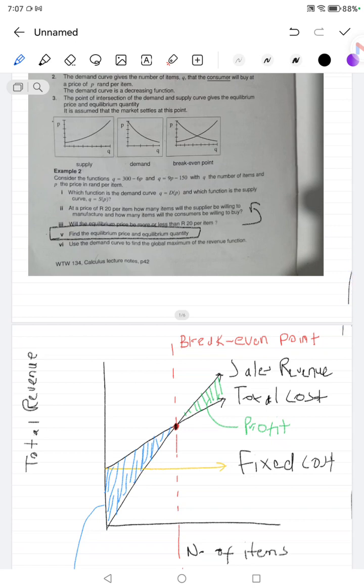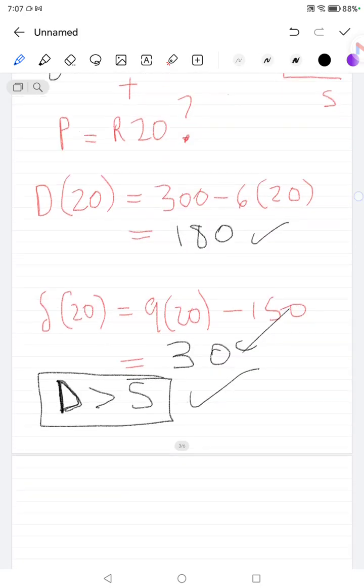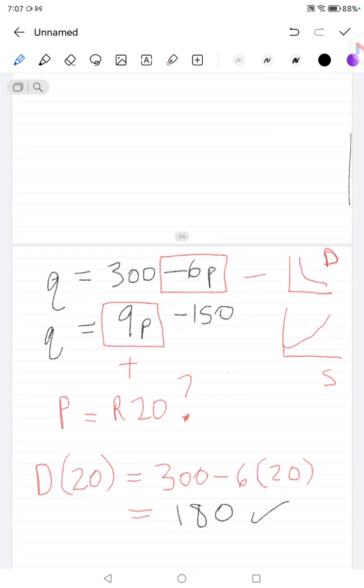So now they're saying find the... and you do remember what did they say? They said that at your equilibrium point, your revenue would be equal to your cost. Your revenue would be equal to your cost.